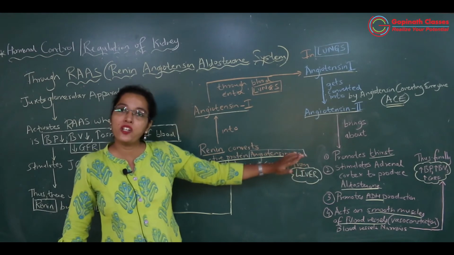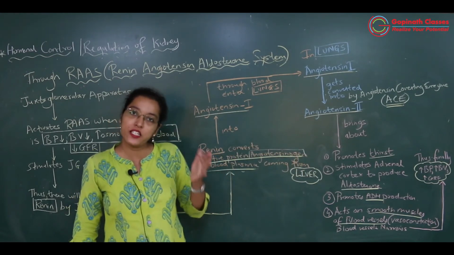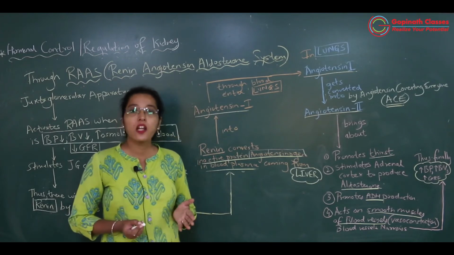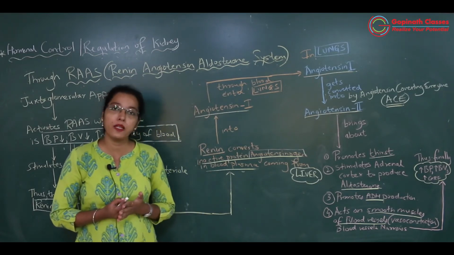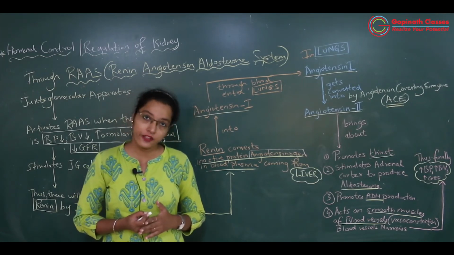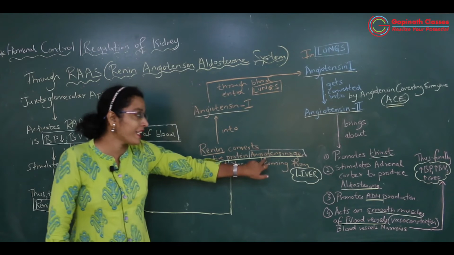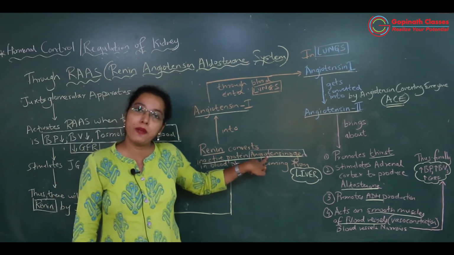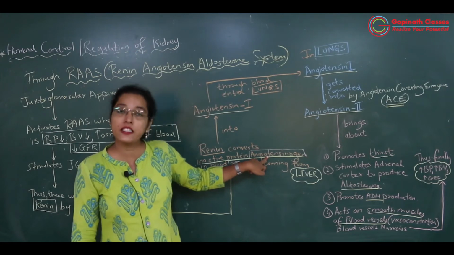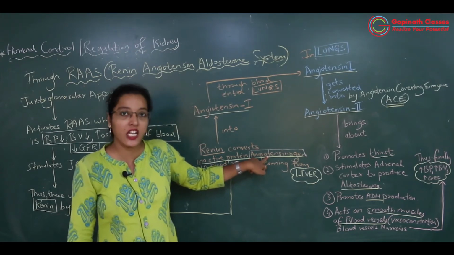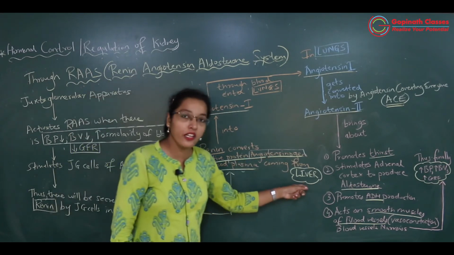I hope everyone knows the largest gland of our body, that is the liver, is producing many proteins. The plasma proteins we have in our plasma, all these proteins are produced by the liver. So angiotensinogen is an inactive plasma protein which is present in the blood, and this inactive plasma protein is produced by the largest gland of our body, that is the liver.